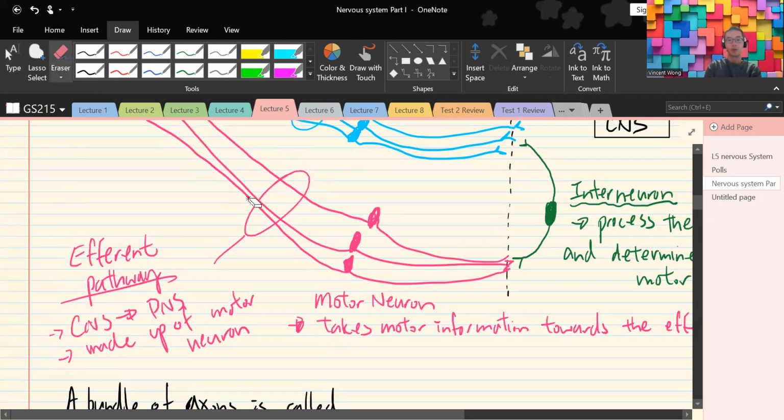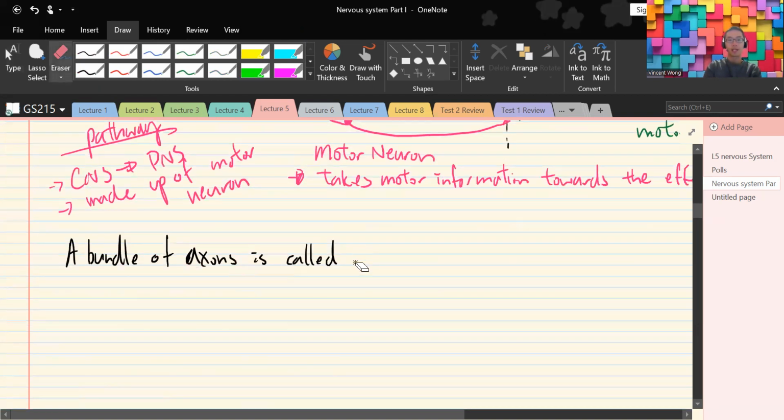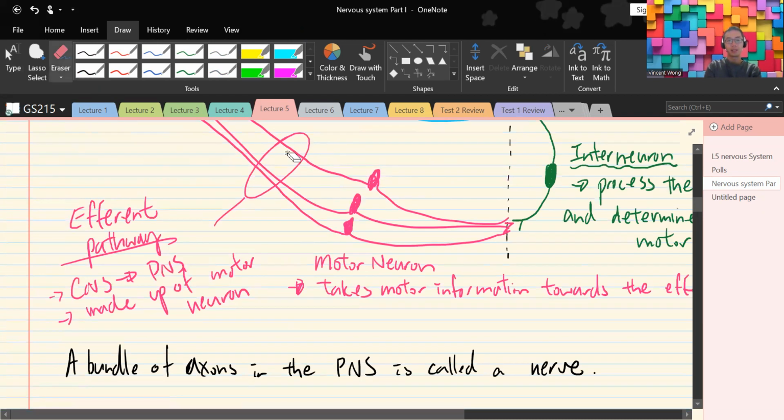A bundle means a group of them. So a bundle of axons in the PNS is called a nerve. Okay. So this efferent pathway, physically you would have a nerve there.